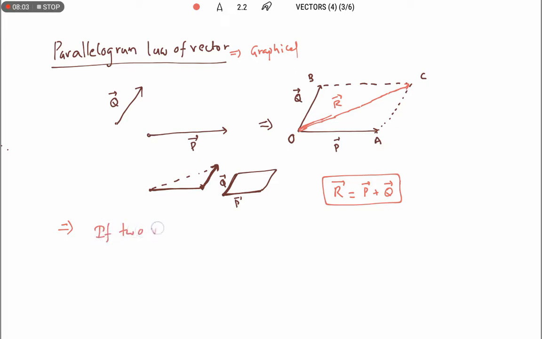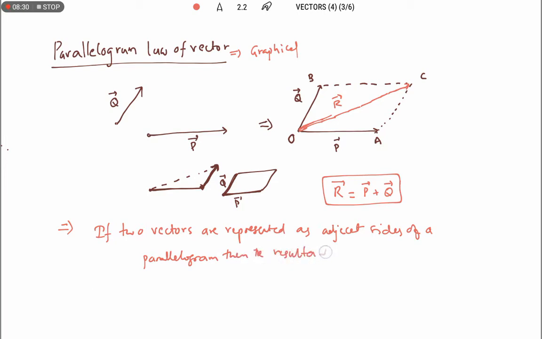If two vectors are represented as adjacent sides of a parallelogram, then the resultant is in the direction of the diagonal.